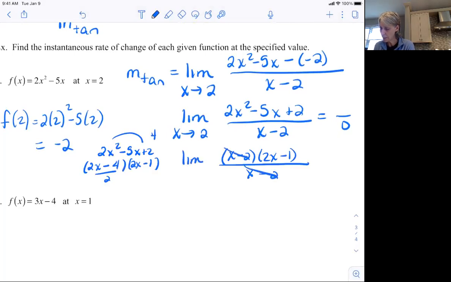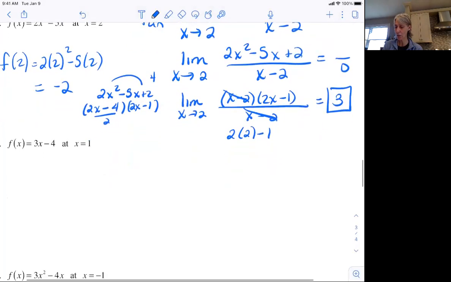Now, when I reevaluate this limit, when I plug 2 in, I get 3 as my answer. So the slope of the tangent line at x equals 2 is 3. Again, we're looking at a parabola, and it's going to be the slope of where that tangent line hits that curve at that point.